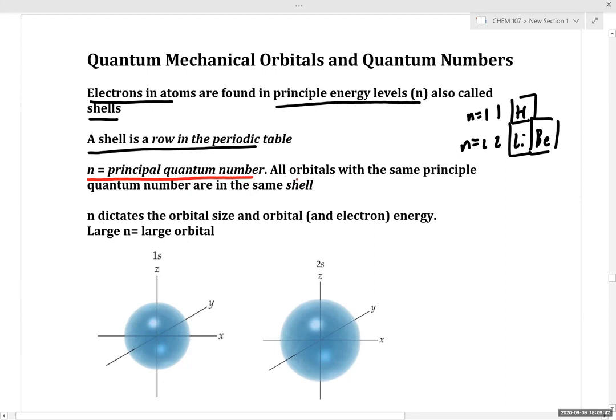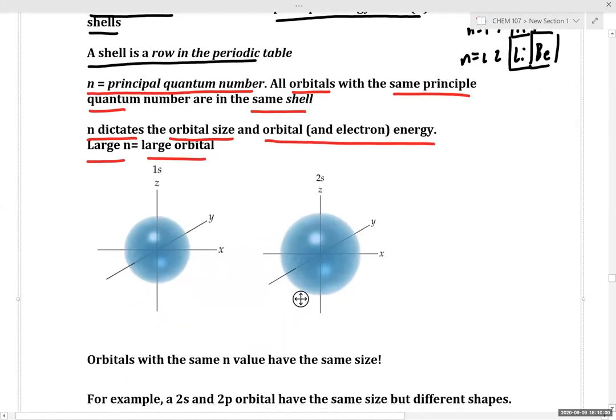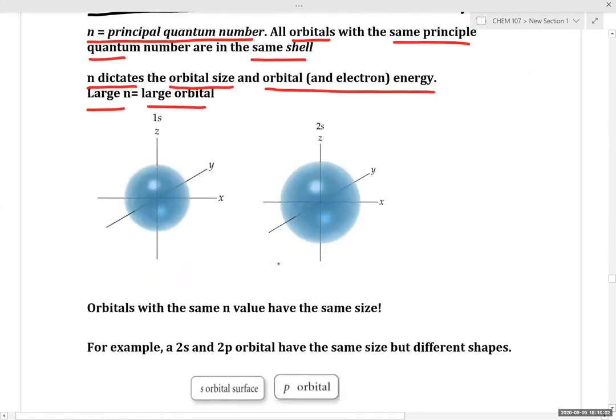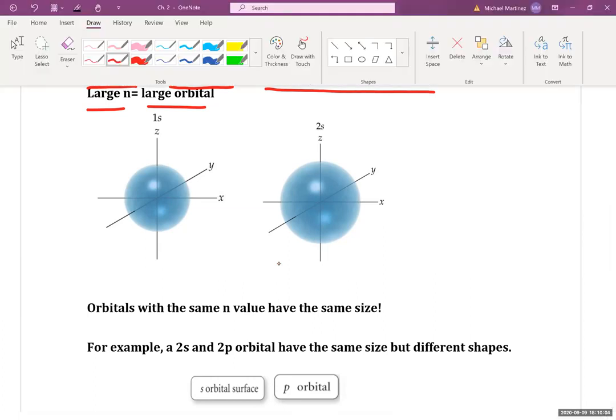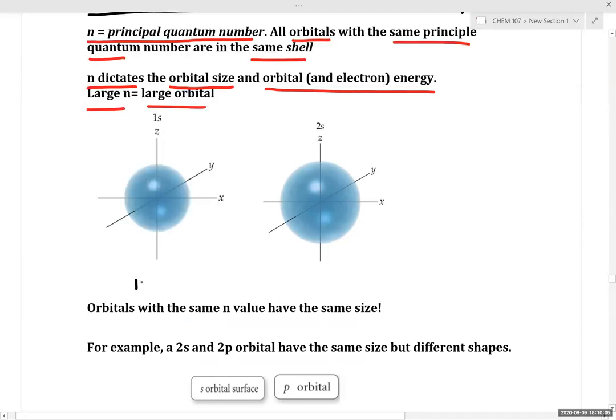And all orbitals with the same principal quantum number are in the same shell. N, just like before, controls orbital size and orbital energy. The larger your n, the larger your orbital. If we look at this picture, we're comparing an n equals 1 orbital to an n equals 2 orbital. Which orbital is larger?